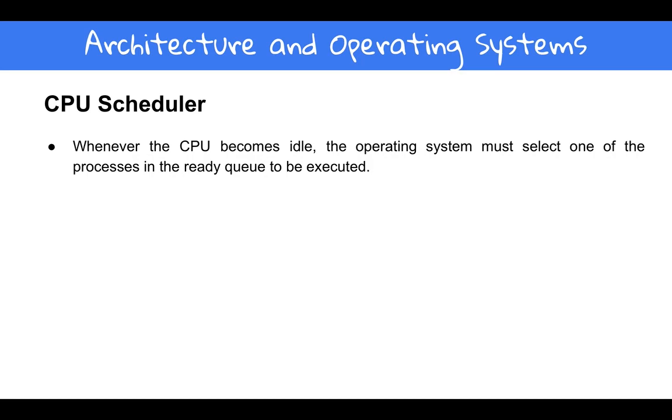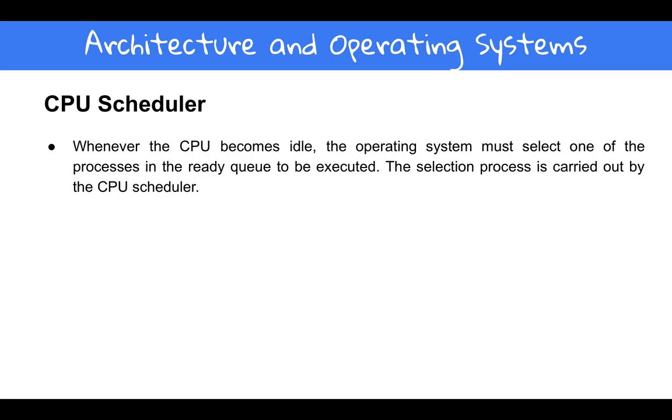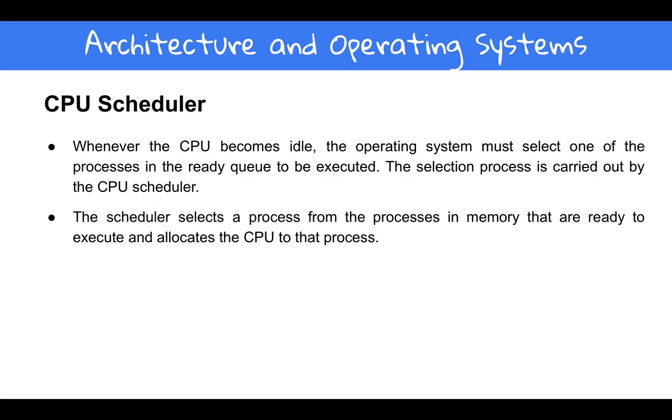Where does it get the process from? It gets it from the ready queue, because we've got two queues, one waiting queue, one ready queue. So it is the scheduler's job to take the process from the ready queue. The selection process is carried out by the CPU scheduler.